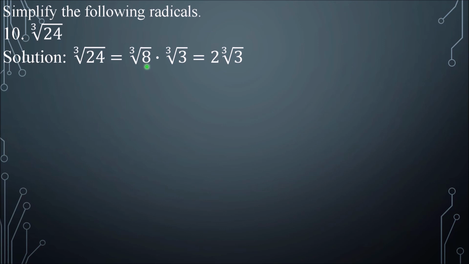Why perfect cube? Because 8 is equal to 2 times 2 times 2. So 8 is a perfect cube. Now, cube root of 8 is equal to 2. Plug in cube root of 3. So cube root of 24 is 2 cube root of 3.